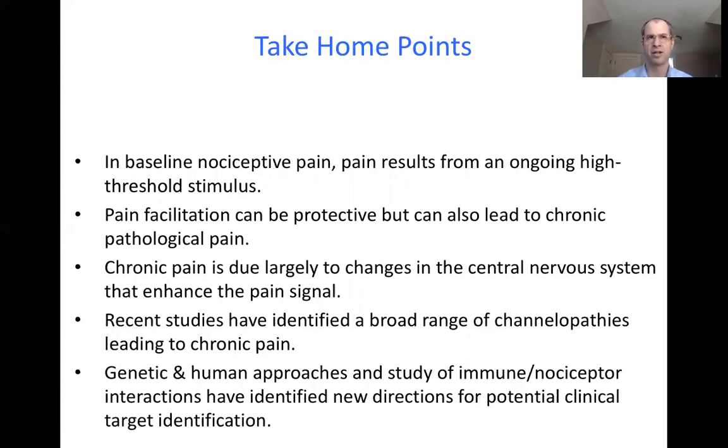And finally, there are genetic and human approaches and study of immune and nociceptor interactions that have identified new directions for potential clinical target identification. Based on these, I'm quite optimistic that within the next 5 to 10 years, there will be a range of new analgesics coming to clinical trials, and hopefully soon after that to patients.